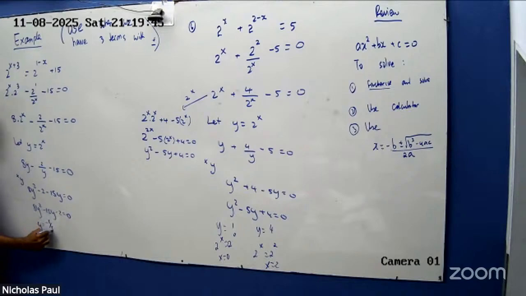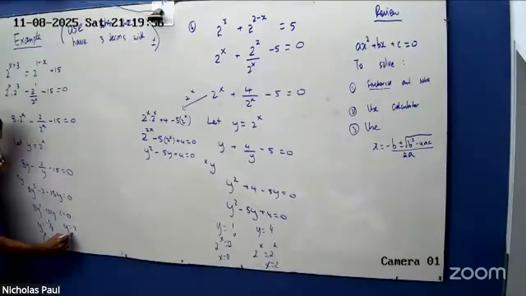Minus 1/8. This is 2 to the x is minus 1/8. So we know this has no solution. This is 2 to the x is 2 to the 1, so x is 1.